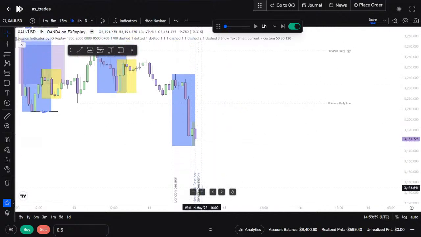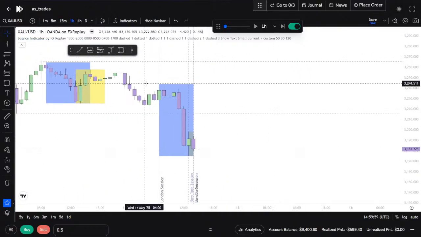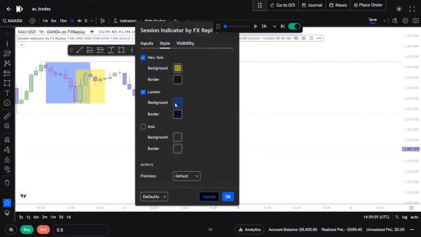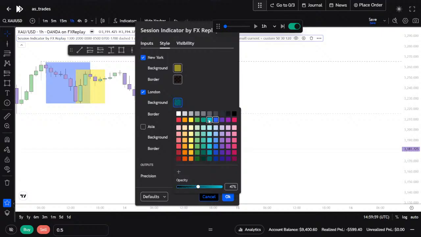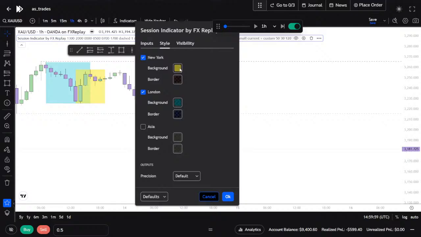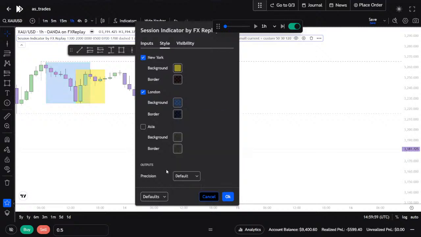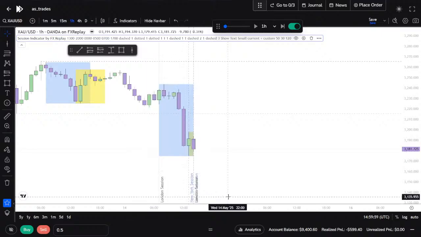But what we do see, and I've got to change the London session actually. I don't really mess with the style. Change to a lighter blue maybe, change the pace down a bit. Okay, should be calm.